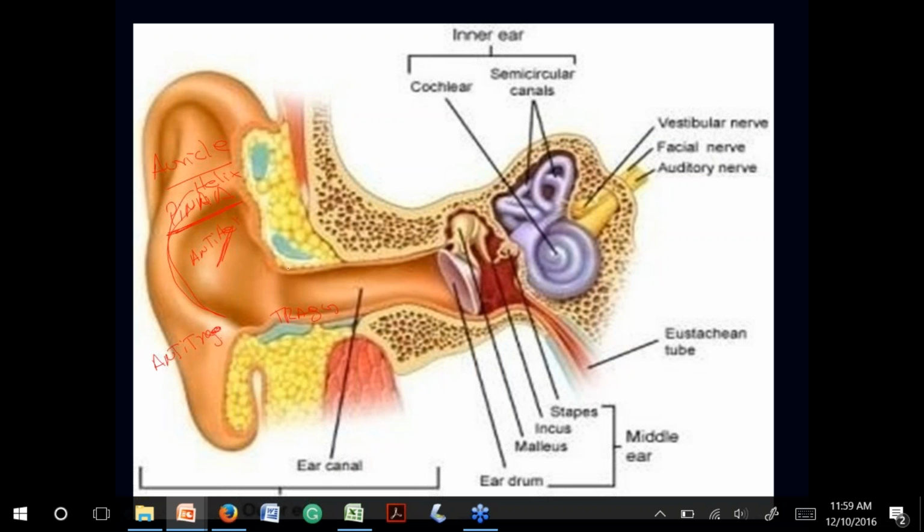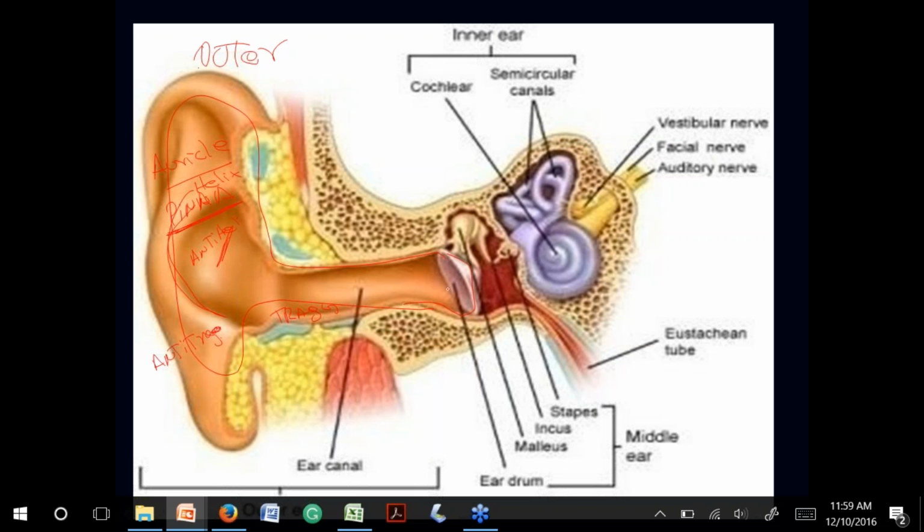So we have the pinna or auricle, and that is the outer ear. The outer ear goes from the pinna or auricle to the ear canal up to here, including the tympanic membrane.